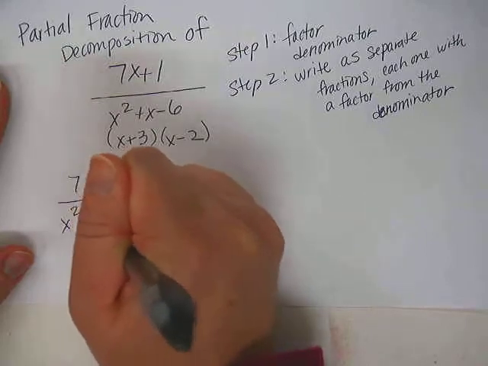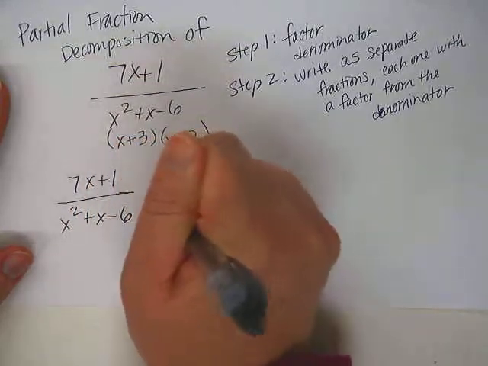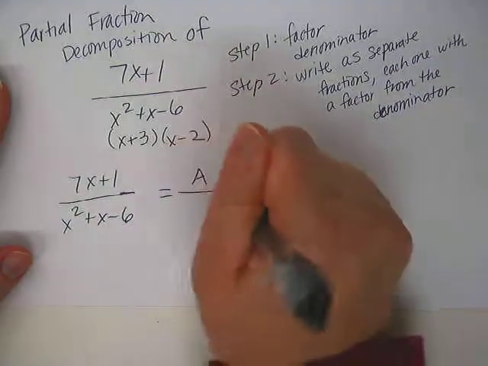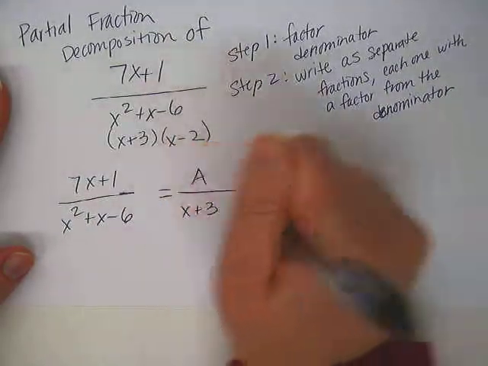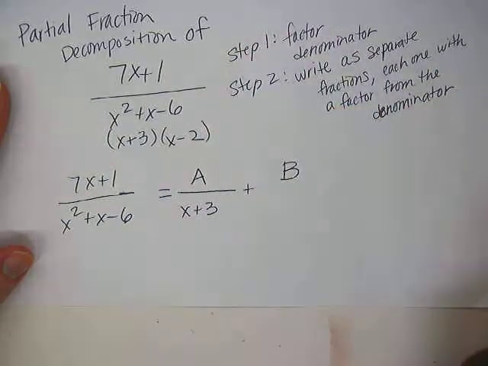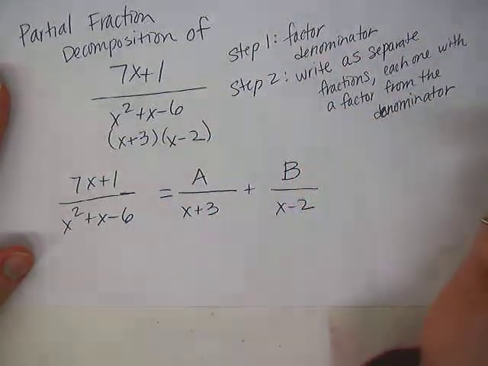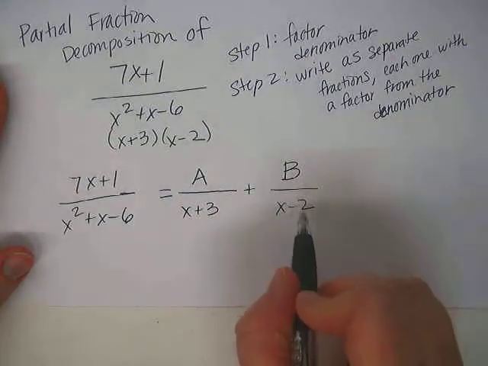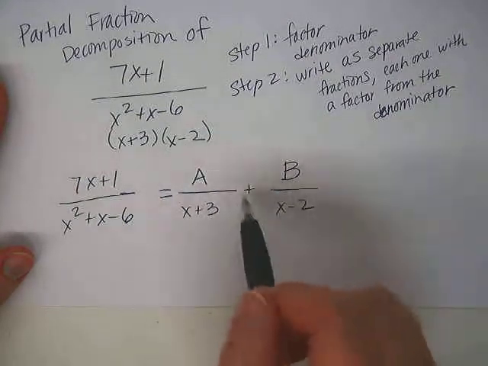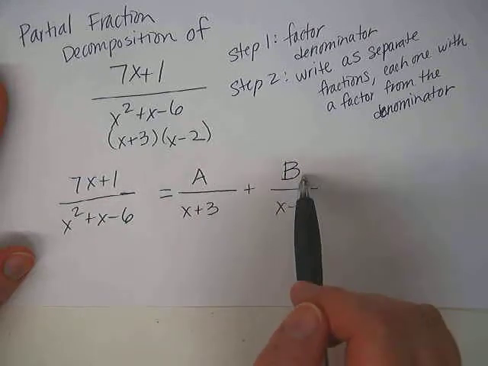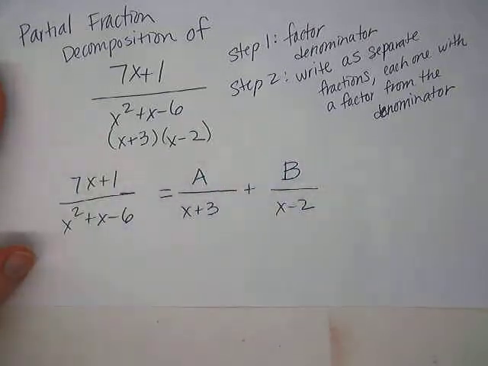So 7x plus 1 over x squared plus x minus 6 is going to be equal to something, we're going to call it A, over x plus 3 plus something, we're going to call it B, over x minus 2. Because then when we add these together, we have to get a common denominator, and this is the common denominator, so there will be something up there and something up there that eventually adds together to equal this.